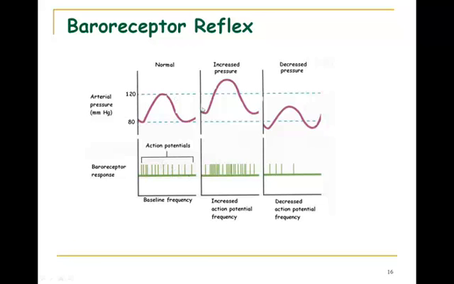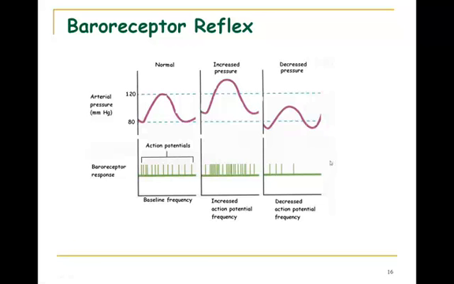If the pressure increases, you'll notice that the firing rate increases. So the baroreceptors are going to fire at a greater rate and send more impulses up to the vasomotor center. If the blood pressure drops, like you see over here, you have a decreased frequency of those action potentials coming from the baroreceptors and fewer impulses going to the vasomotor center.